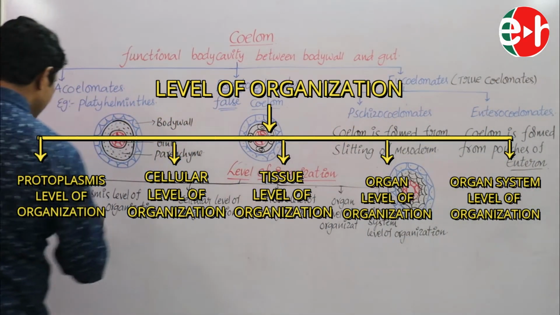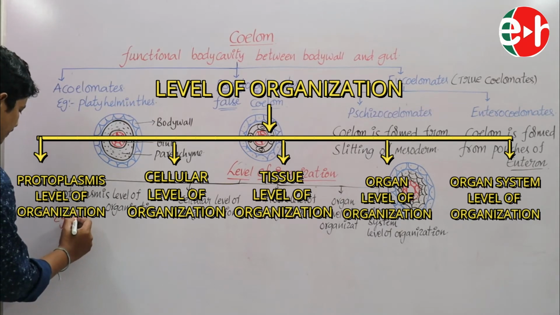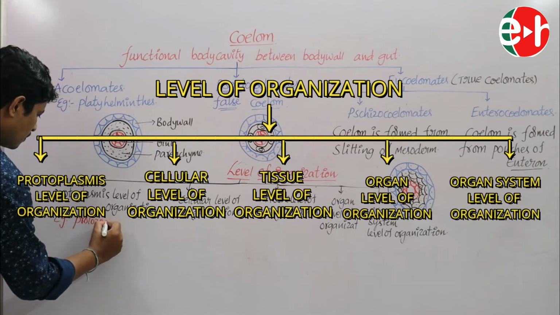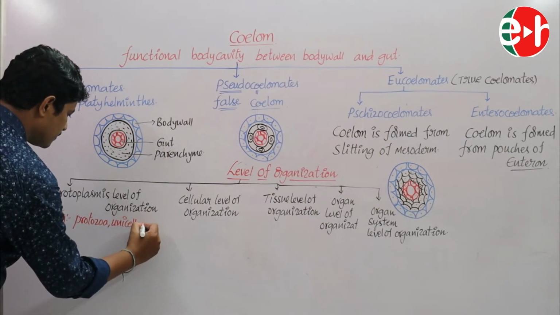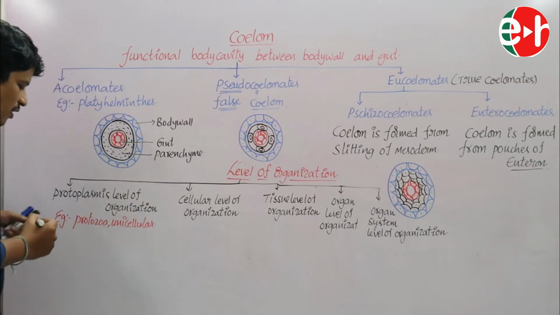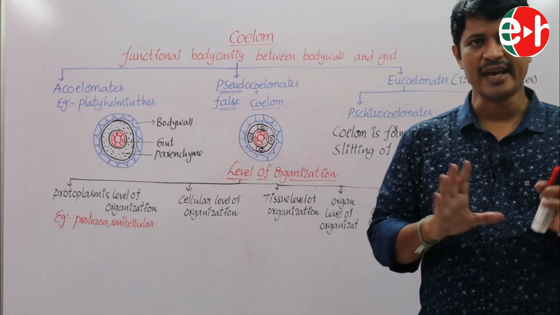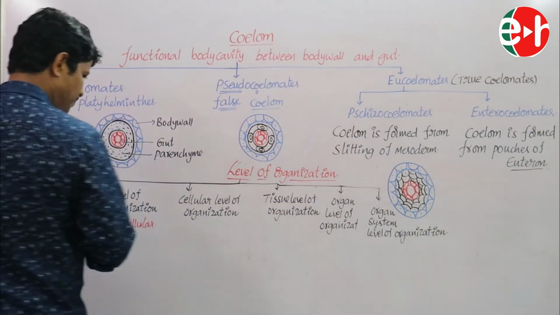The examples for the protoplasmic level of organization are protozoa, which are unicellular animals. So all unicellular animals are examples of the protoplasmic level of organization.